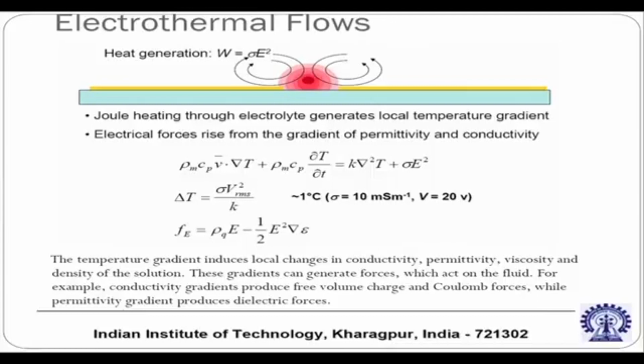Not only permittivity, you can have body forces due to gradients in several other properties. For example, conductivity gradients produce free volume charge and Coulomb forces, whereas permittivity gradients produce dielectric forces. So you can see that the heating effect in electrokinetics can give rise to flows because it can give rise to body forces, very much analogous to natural convection in heat transfer.